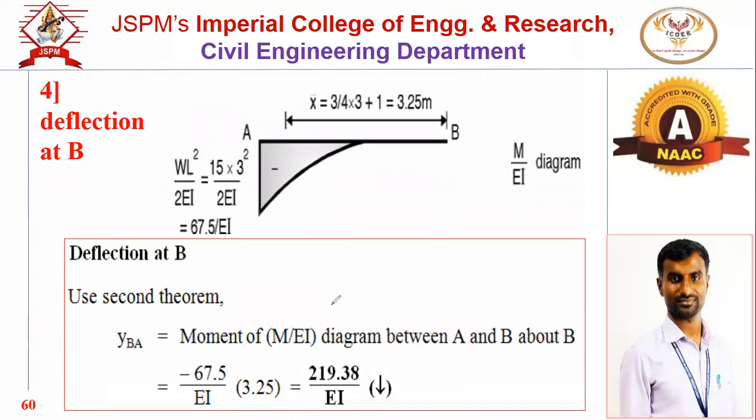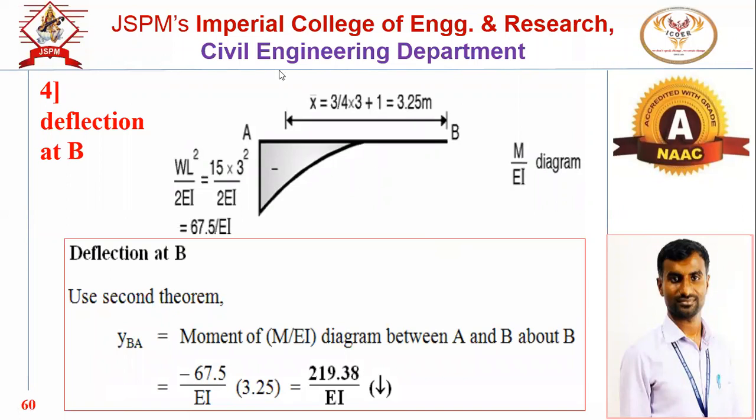So the deflection will be 219.38 divided by EI. The minus sign indicates deflection is downward. So this is the total concept of the moment area method.